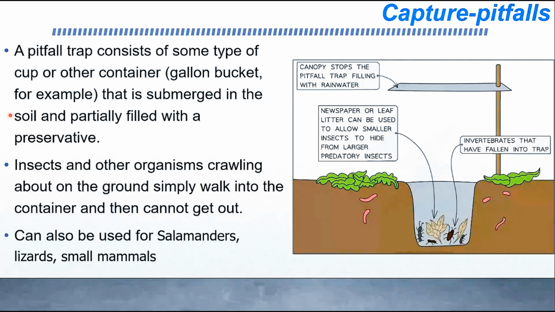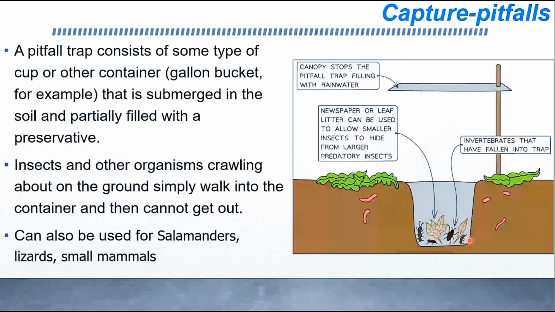Okay, so we can't go and catch each and every organism. So what we do is we construct a pit, or we construct a trap. We fill it with some chemical, or we fill it with some pesticide, and we leave it. We protect it with some canopy so that rainwater doesn't enter inside, right? We cover it with some leaves.